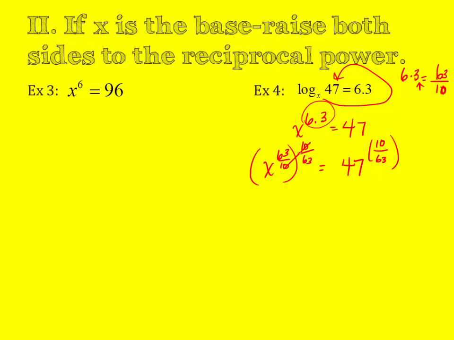On the left, this cancels, it's just x to the first power, which is my goal. On the right, I plug this in the calculator, 47 to the 10/63 power, and when you do that, you get 1.84. Okay? If you need to look back at number 3, just rewind the video just a smidge. It'll be there.